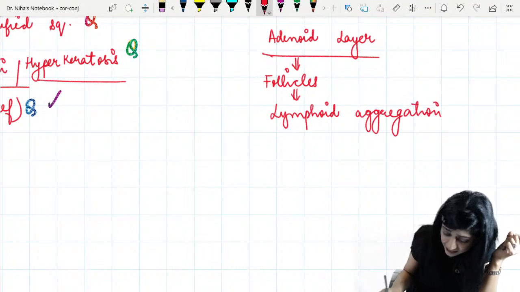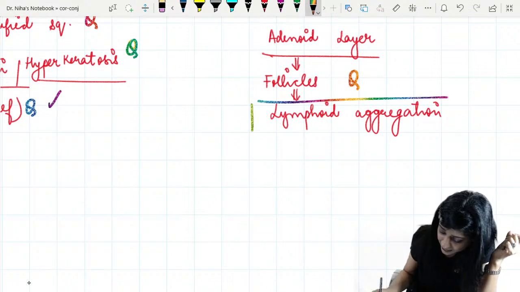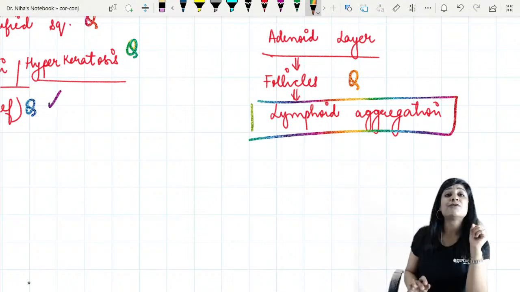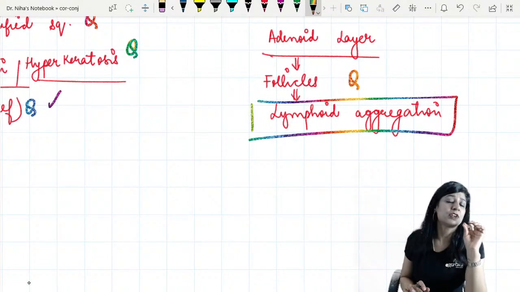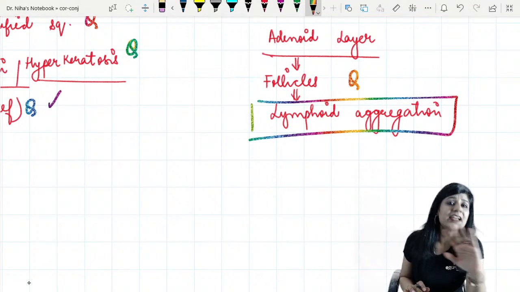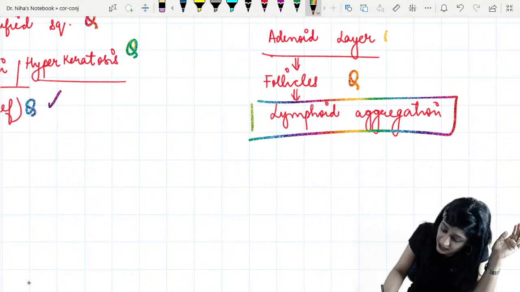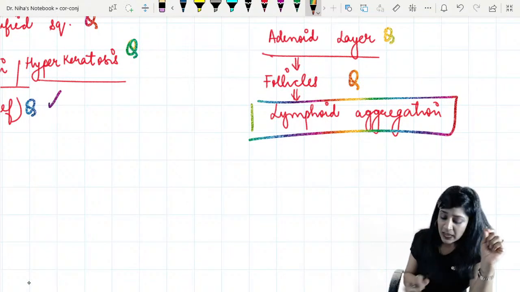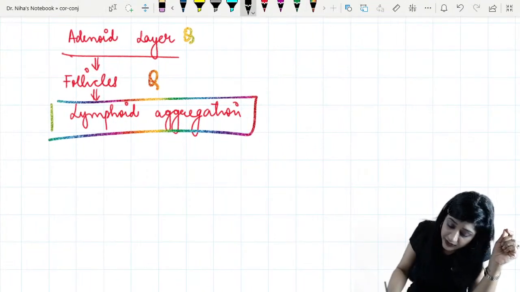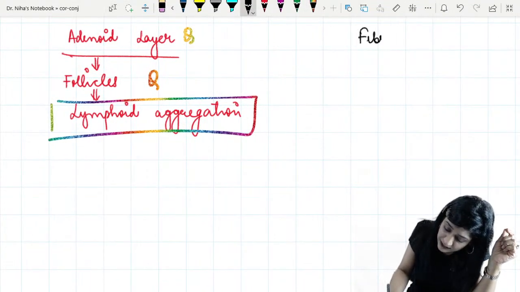This is again a third question that could be asked. Whenever we have follicles, we have lymphoids, we have the follicular kind of conjunctivitis. So whether it is any kind of follicular conjunctivitis, it is always present in the adenoid layer, while the third layer is the fibrous layer.